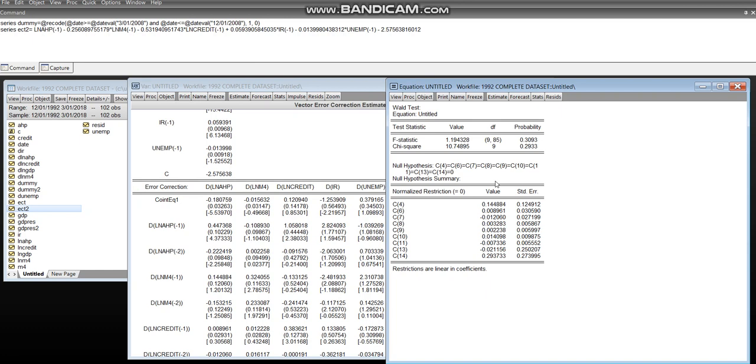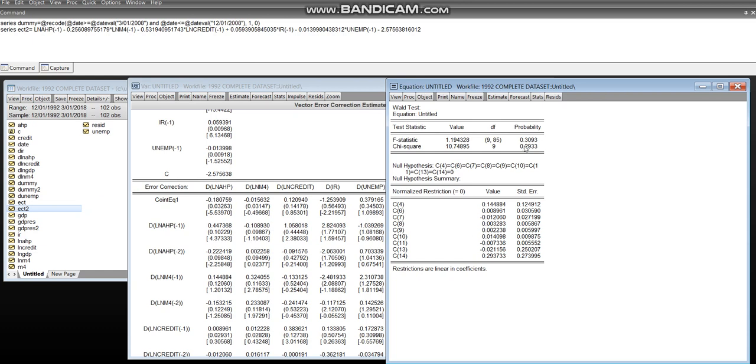So the format of the Wald test, because of the way we wrote it out, is that the null hypothesis is that all of these coefficients equal 0, which in plain English just means that they're all insignificant in explaining the variations of the dependent variable in the short run.